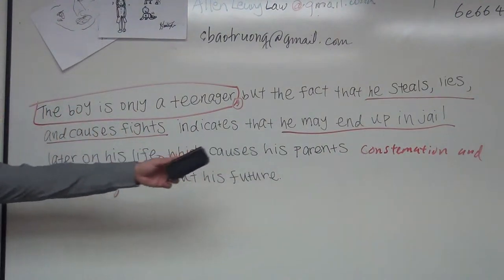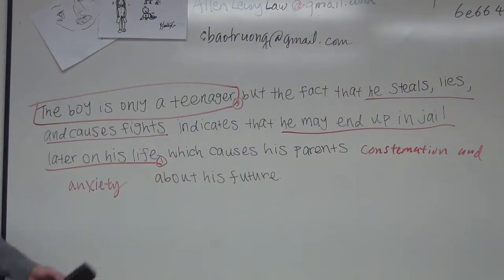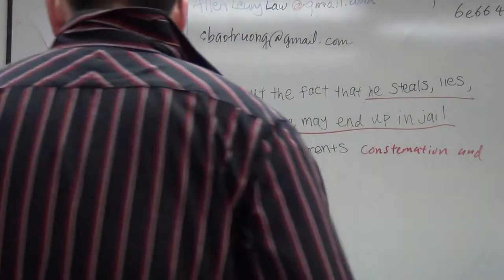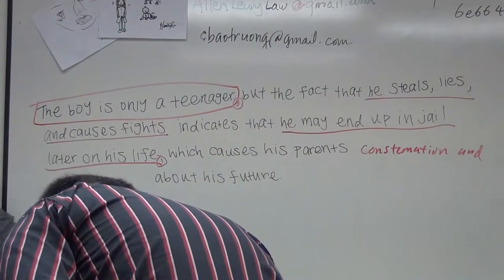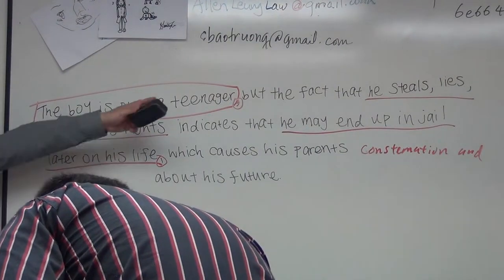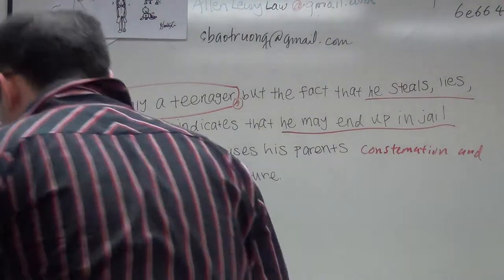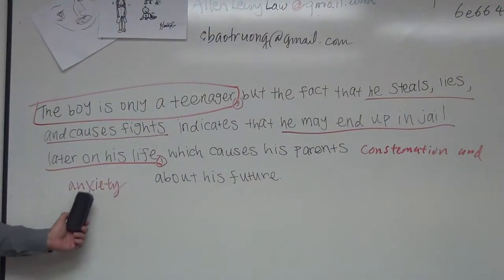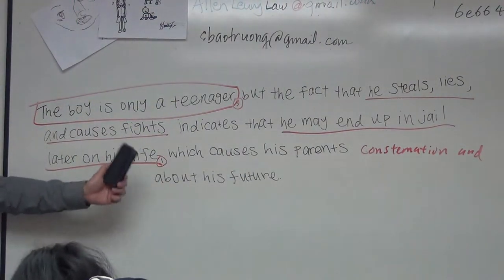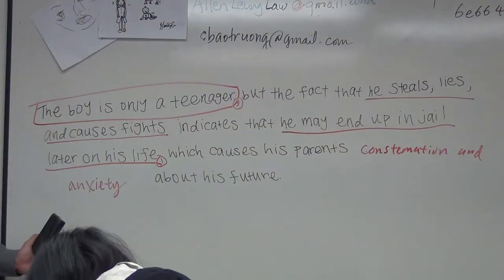What do you think, Michael? Does that work? Yes. Okay, so consternation, anxiety. What does consternation mean? The same thing as anxiety. So this is a trick: just like Eunice, you have parallel verbs, and you can do parallel adjectives here. Consternation means anxiety.